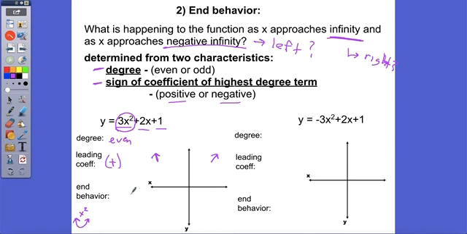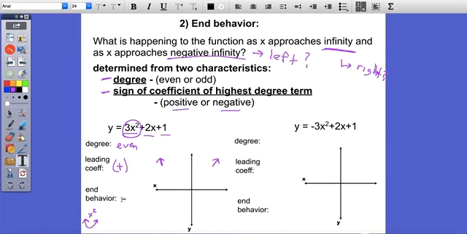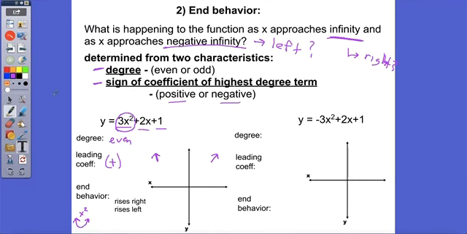And the way we describe that in simple terms is we say rises right and rises left. So that's the end behavior, and that's the graphical depiction of it. Remember, our graph might do some weird stuff in the middle depending on what else is going on, but the end behavior is still going to be rises left, rises right.